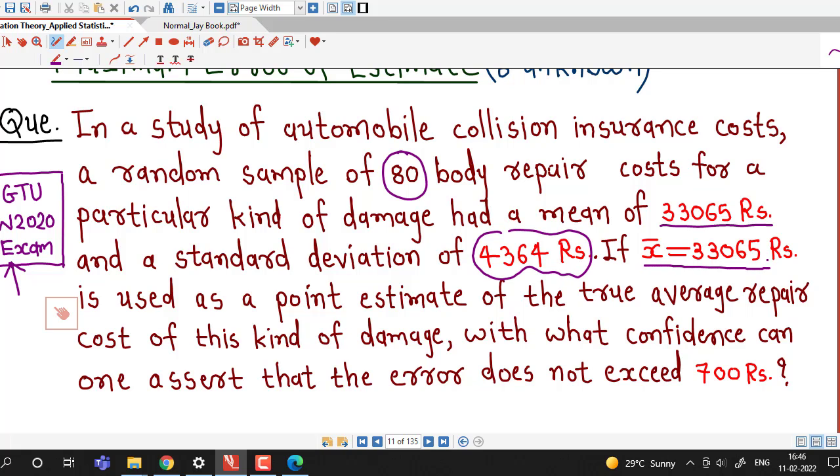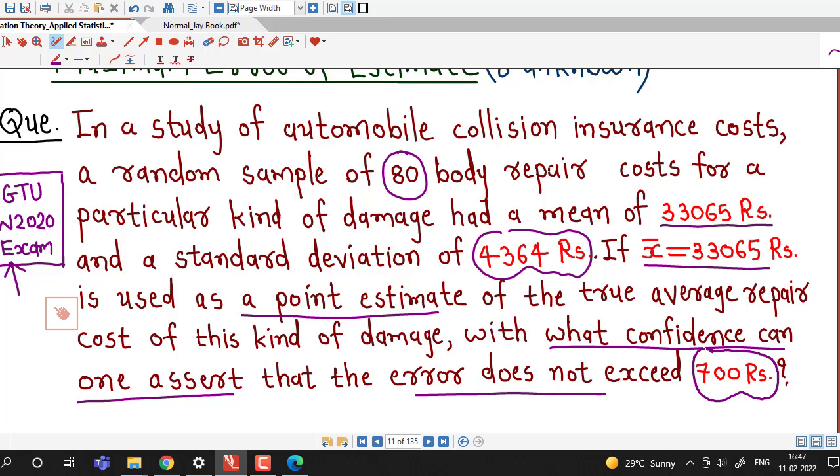If x bar equal to 33065 rupees is used as a point estimate of the true average repair cost of this kind of damage, with what confidence can one assert that the error does not exceed 700 rupees?